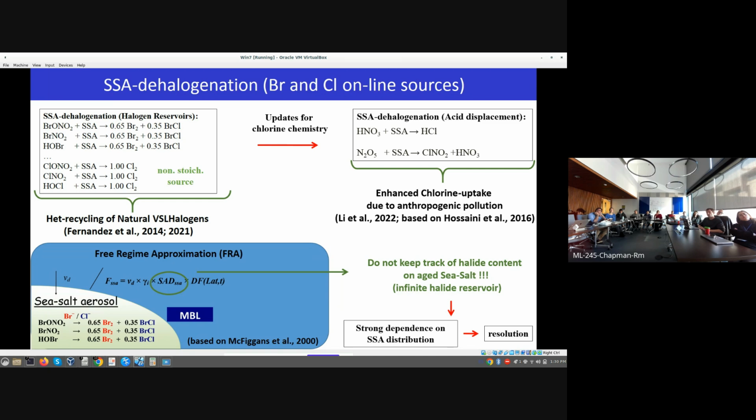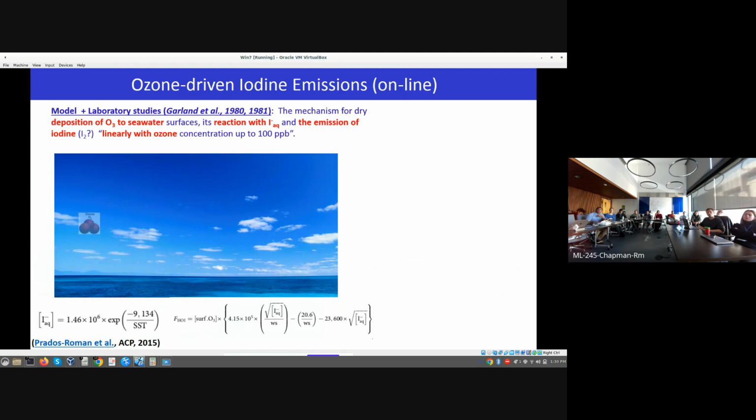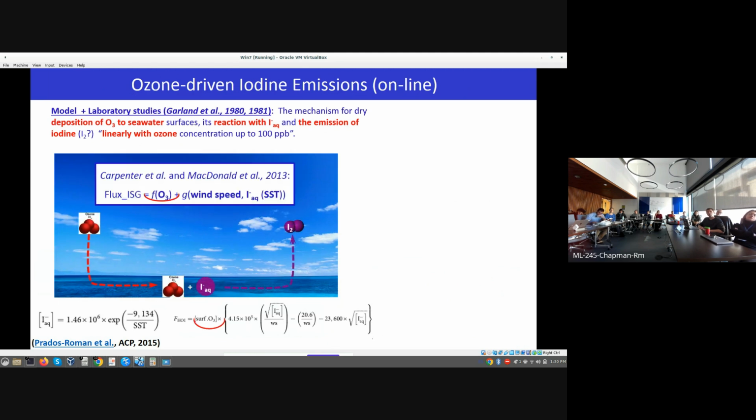For the particular case of chlorine, this is also happening with the acid displacement reactions, which release chlorine in particular. And for the case of iodine, ozone is deposited into the oceans, and reacts with aqueous iodide, whose concentration depends on sea surface temperature.